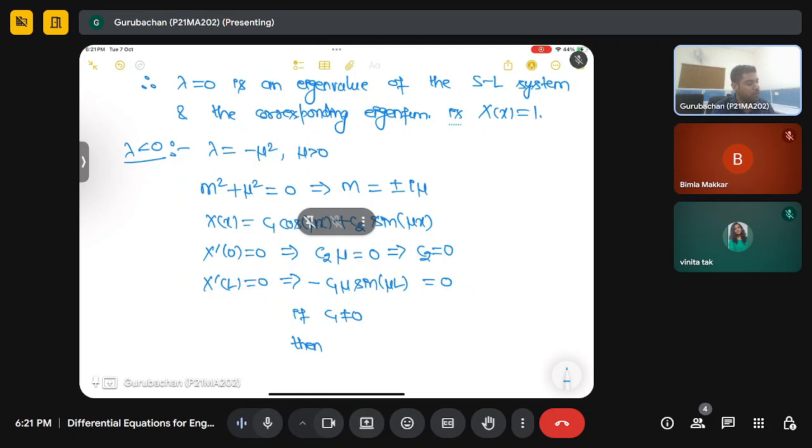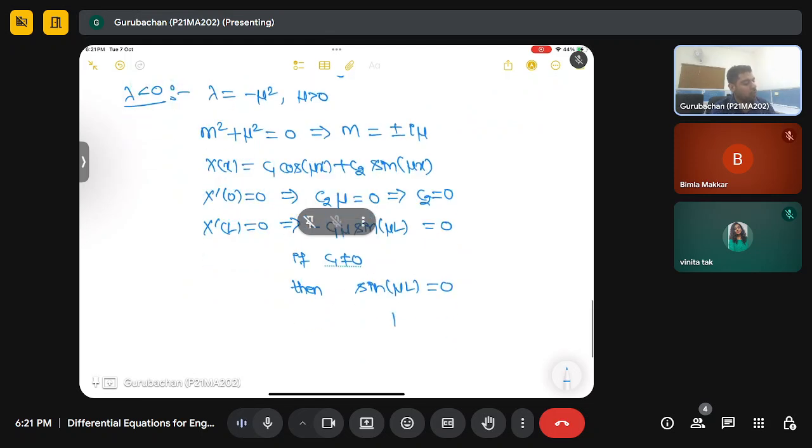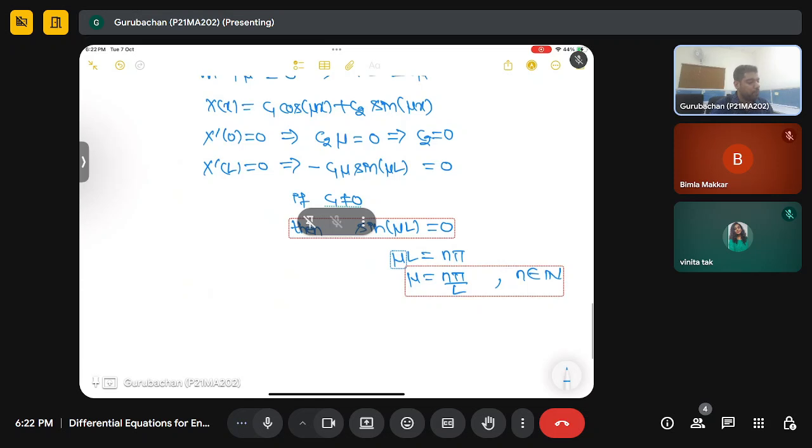So if c1 is non-zero, then sin μL has to be 0, and from here μL has to be some nπ, and μ has to be nπ by L for any natural number. Since μ is positive, we have to take only the natural number possibility.